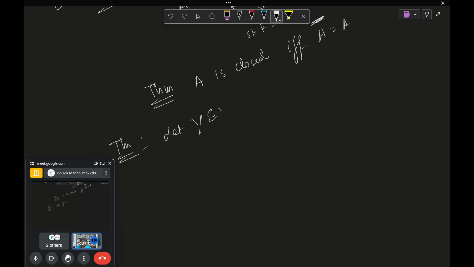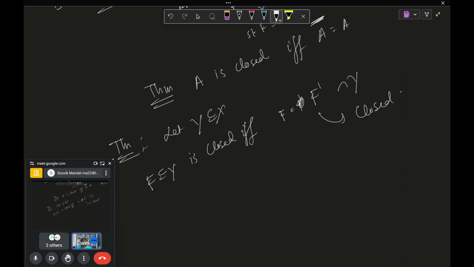Let Y be a subspace of X. Then F subset of Y is closed if and only if F can be written as F dash intersection Y, where F dash is closed in X. We are not discussing the proof here. This comes directly from the definition. Please try it by yourself. So this theorem tells us how to get the closures in the subspace.